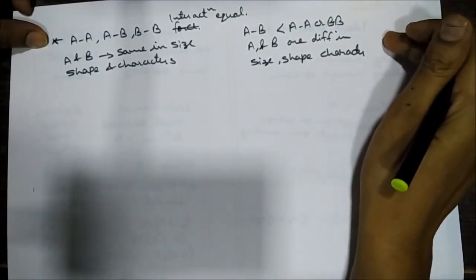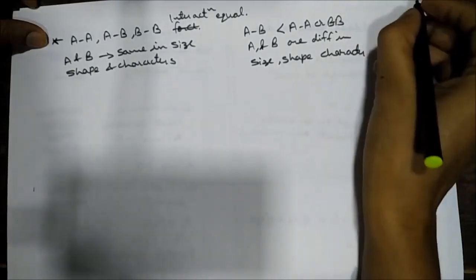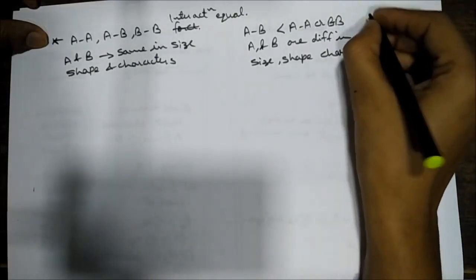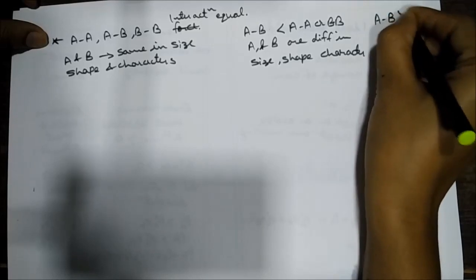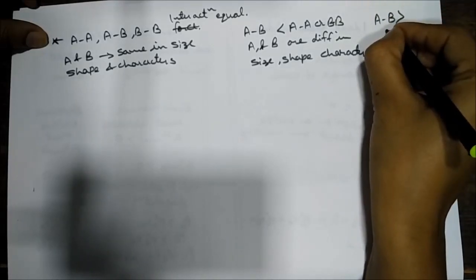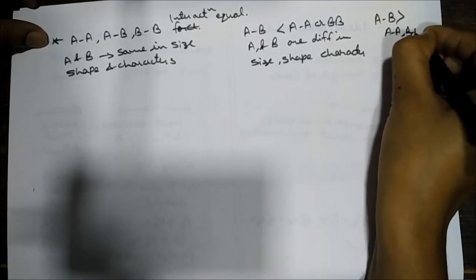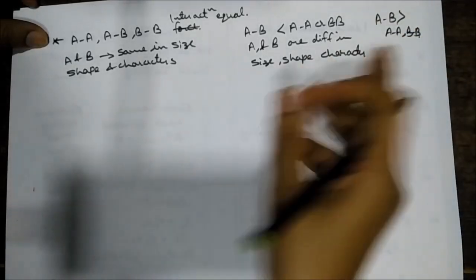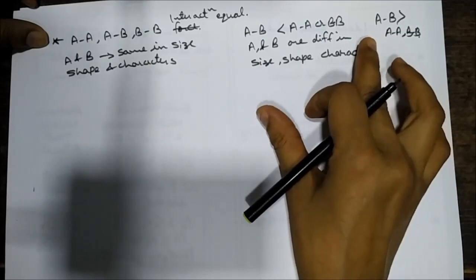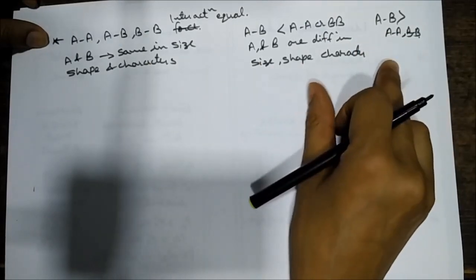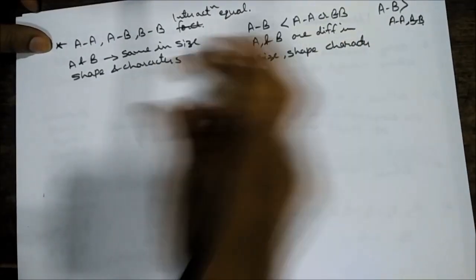Same as in solutions having negative deviation, but here AB attraction will be greater as compared to AA and BB. The same thing is here, that A and B are different in size, shape and characters.